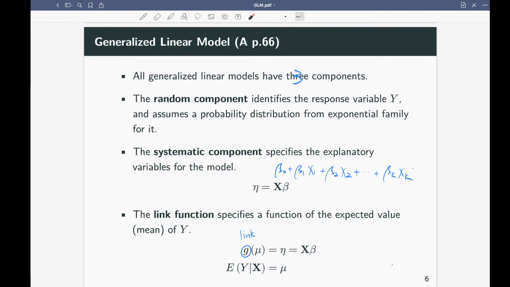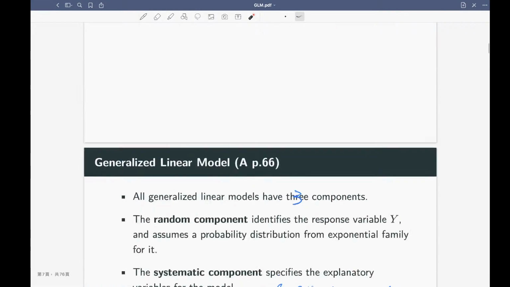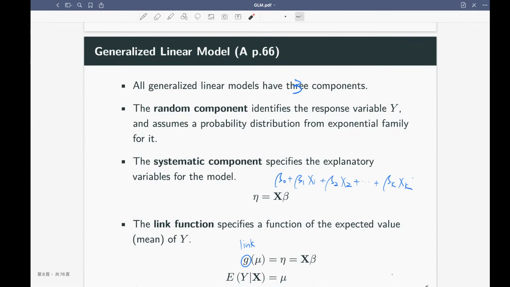We use the conditional expectation here. So in a generalized linear model, you should have 3 components. First is the random component, specifying the probability distribution. Second is the systematic component, like the regressors in your model. Third is the link function, which specifies the relation between eta, that is the regressors, and the expected value of y, which is mu.